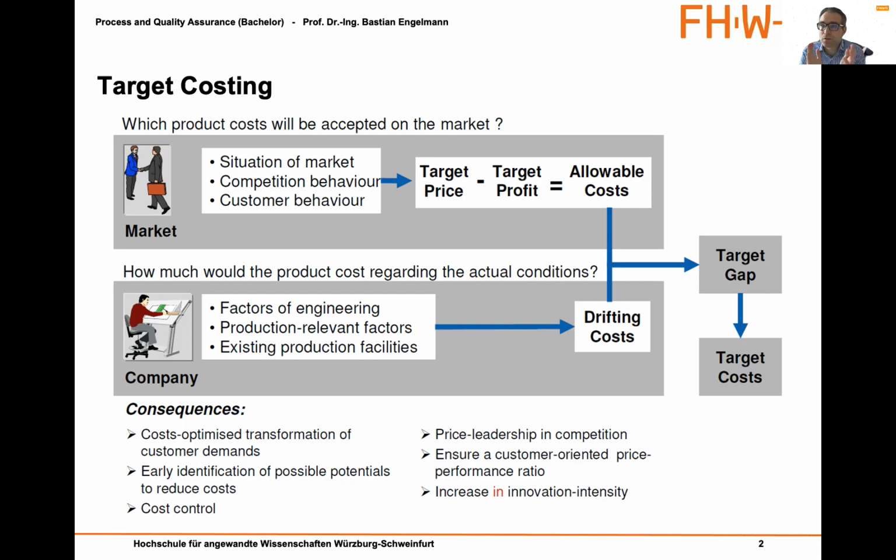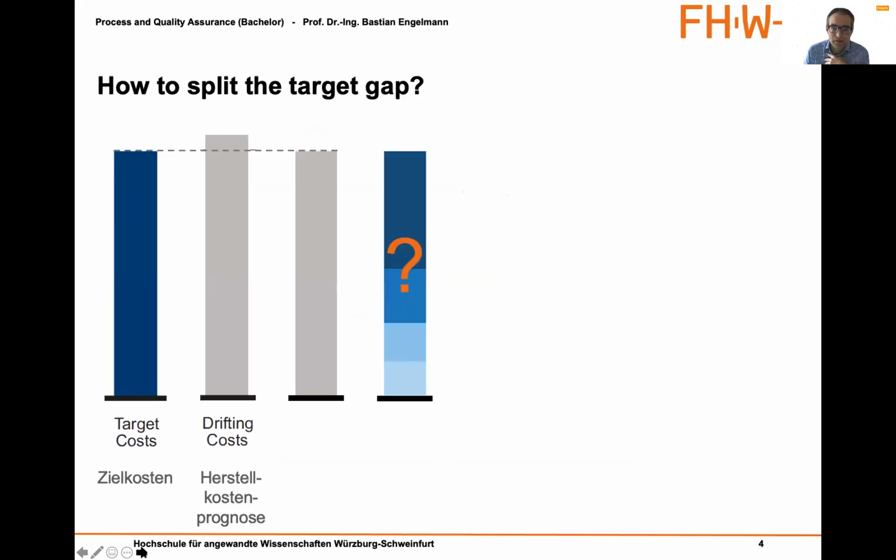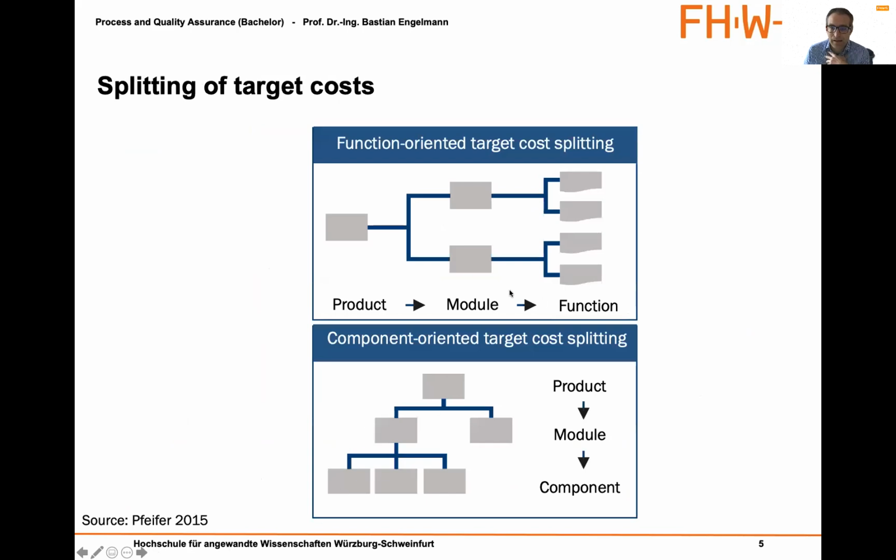And there are different strategies to distribute it. A very classical one, I show you in the slide here: we could split our product into modules and into functions, and then we can assign the euro values we need to save to the functions.